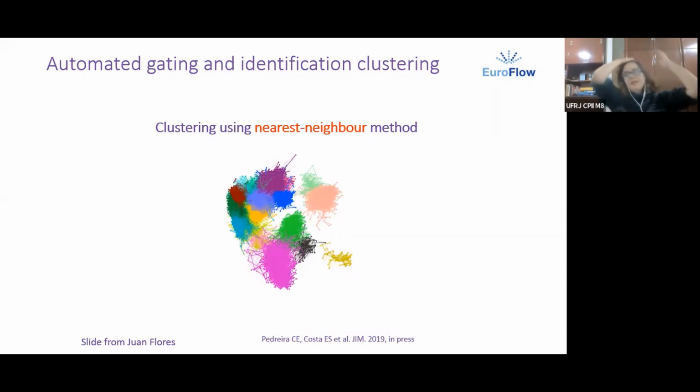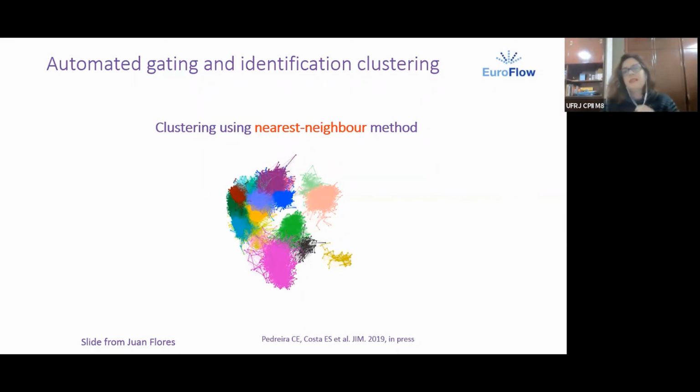It's the same method used in other software tools, including outside of Infinicyt, for instance SOM, and in Infinicyt for calculating data.